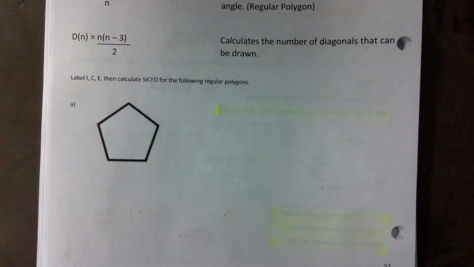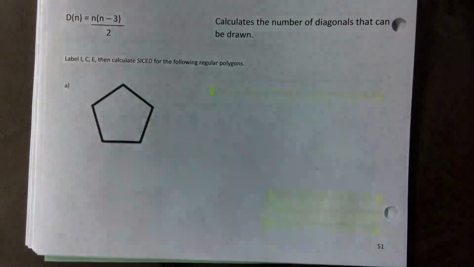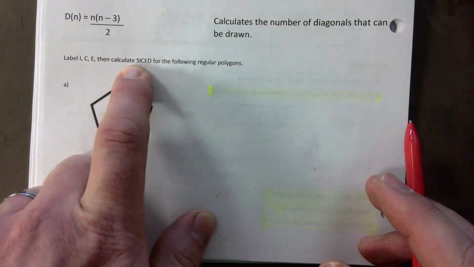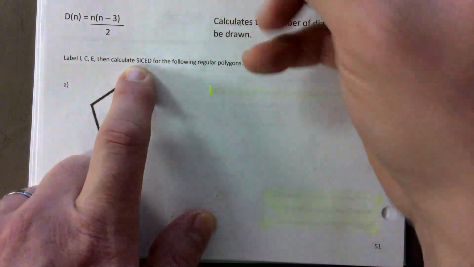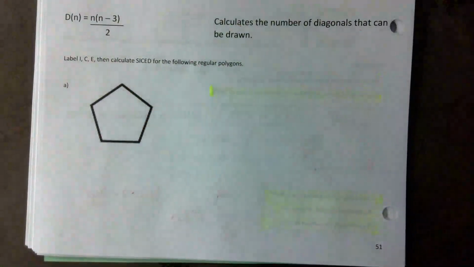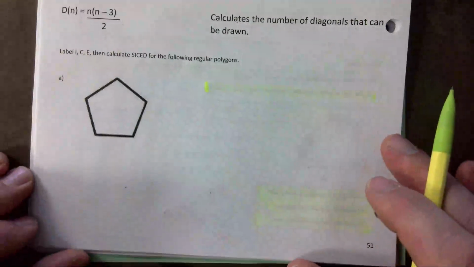Let's go to the bottom here. Label ICE. ICE, then calculate all of these things that we've just talked about for the following regular polygon. We're going to end with this, most likely, but make sure you copy everything down here.